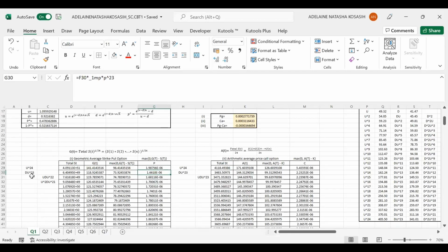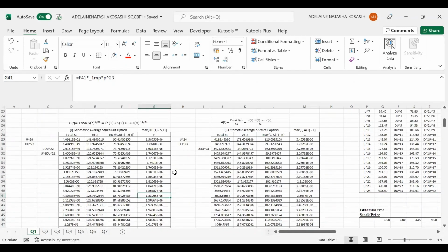For the second one, you can see that this is d u with power of 23, so you can just times the payoff with 1 minus P star, which is the D, and then U with power of 23, so P with the power of 23. So we can change the D with 1 minus P, and then U with the P here. You can just use all that here.